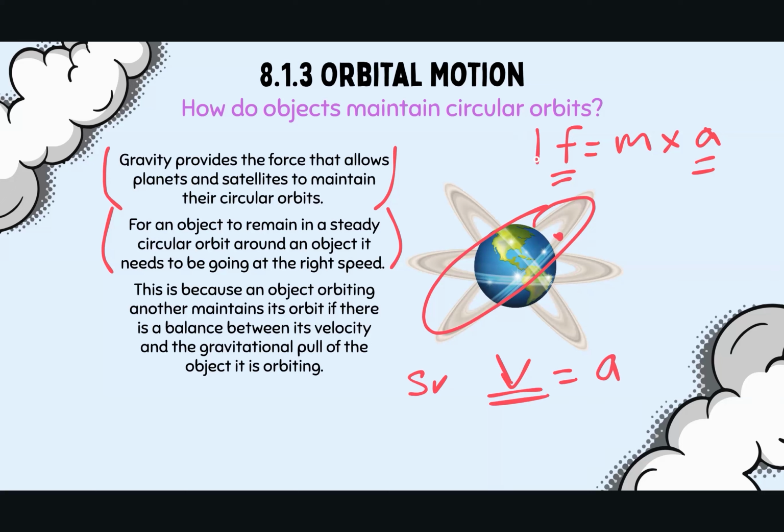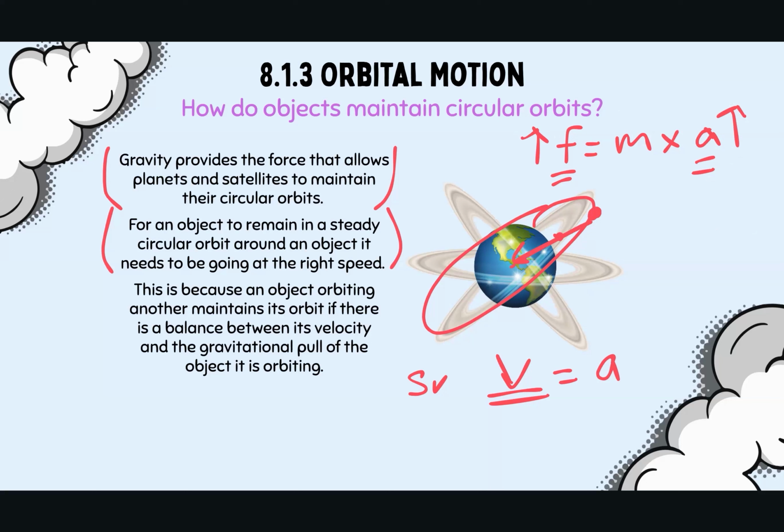That means if force is stronger, the acceleration will be bigger. If you move something further away, it's further away from that pull of gravity, so the acceleration will be smaller. So the overall velocity of it will be smaller as well. And what I've just said there explains the next few slides.